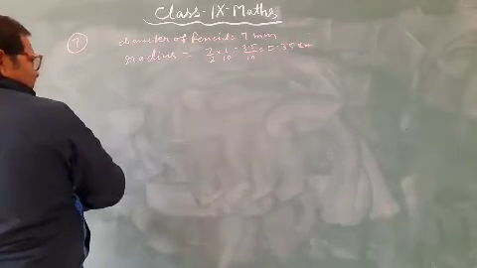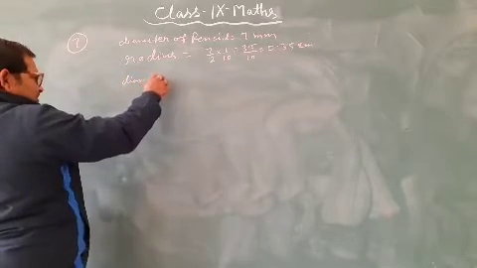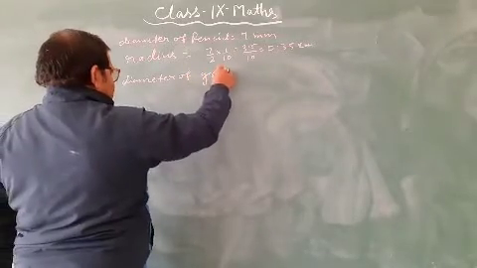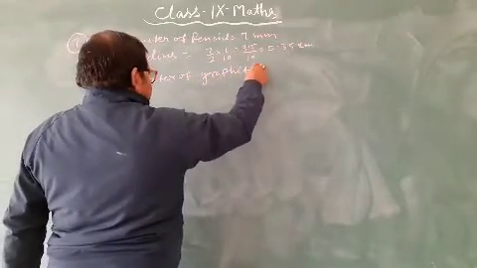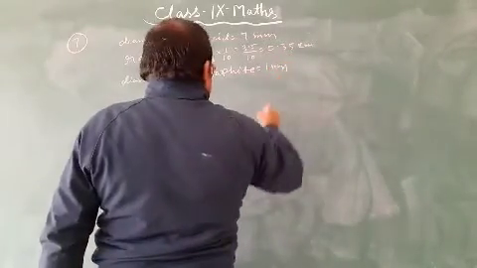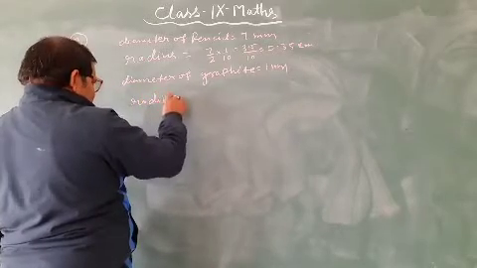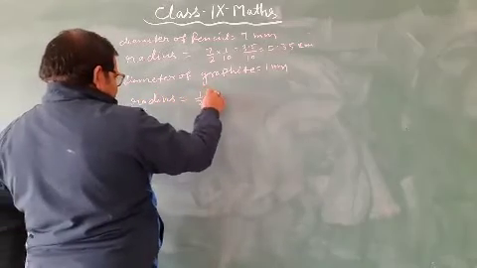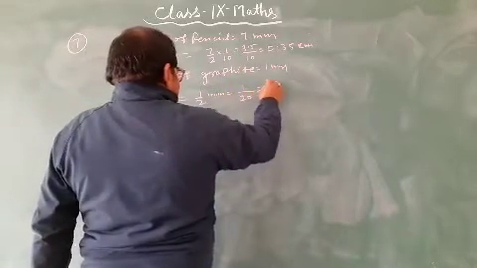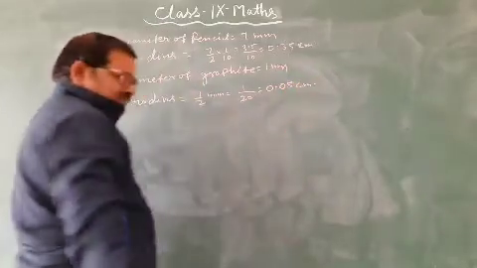Diameter of graphite is 1 millimeter, so radius is 1 by 2 millimeter, 1 upon 20, 0.05 centimeter.